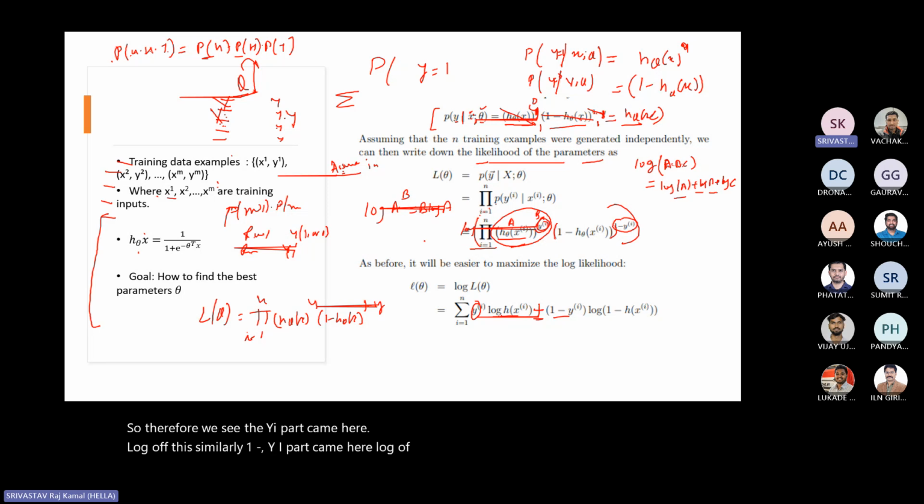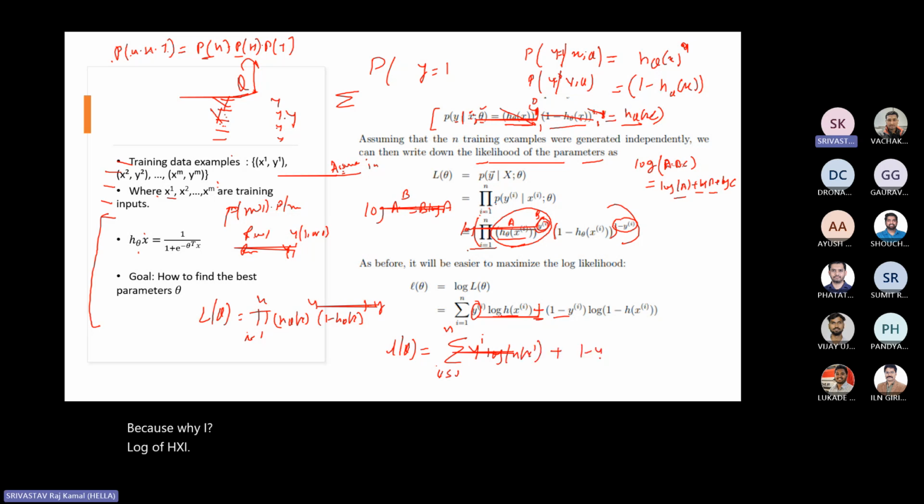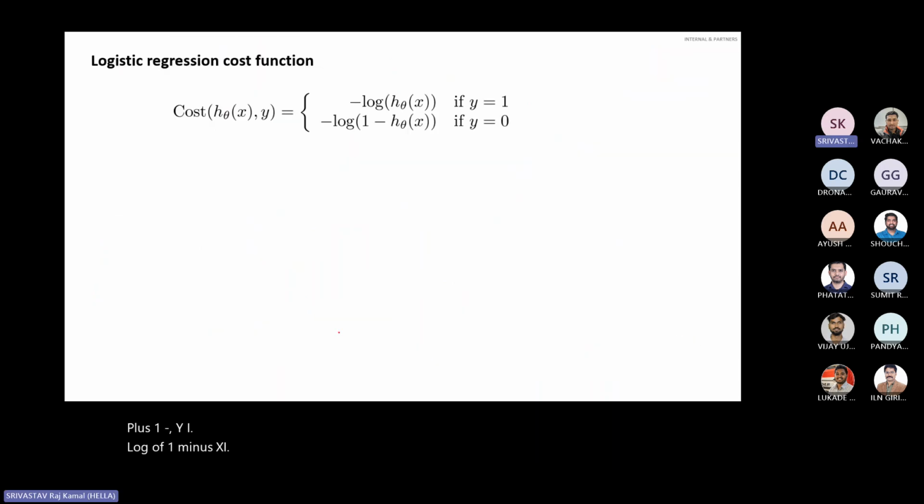So basically, for the ease of mathematics, we converted the product into summation. It becomes yi log of h theta xi plus 1 minus yi log of 1 minus h theta xi. Just be there with me.